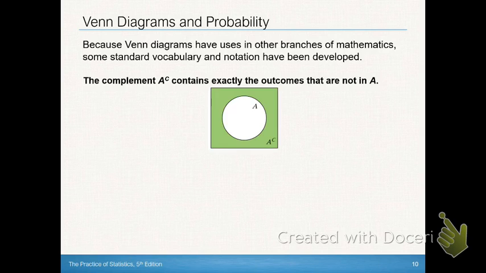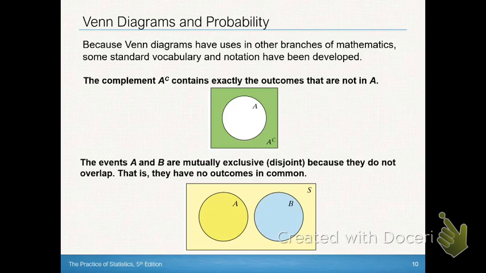So that would be equivalent. If circle A is an event happening, then everything outside of the circle would represent it not happening, so that would represent the complement. If two events are mutually exclusive or disjoint, that means they have nothing in common, so the two circles don't overlap this time. Remember, the S is your sample space.